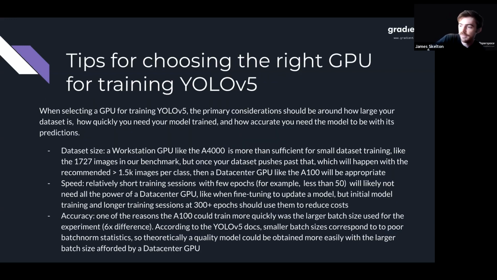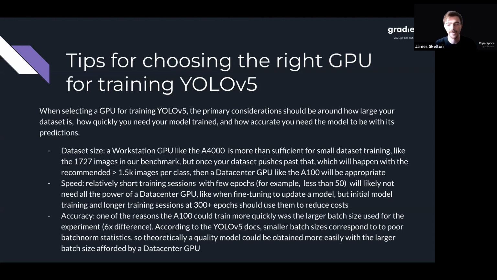Finally, I mentioned this briefly as being unaffected by adding more epochs, but accuracy is something that can and should always be considered when training a YOLOv5 model. And one of the reasons you should consider a data center GPU, specifically the A100, is that it can train more quickly with large batch sizes.